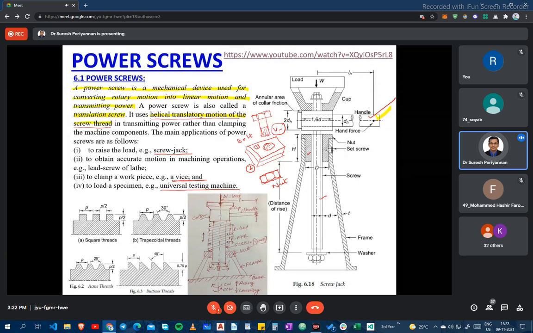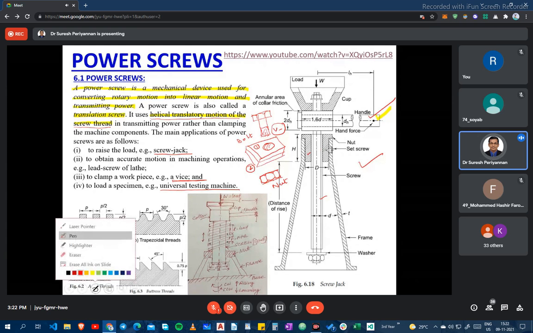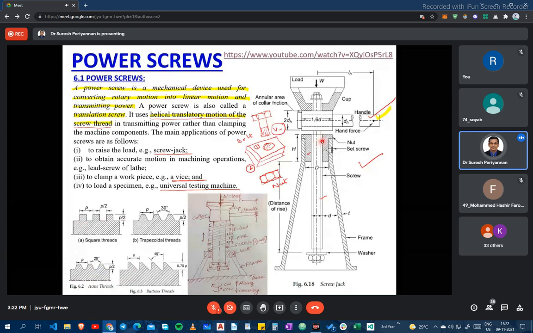But in power screws, we can't use V threads because it would increase the frictional force too much. For example, if we increase the frictional force in this region, we are unable to lift the weight. Only an appropriate frictional force has to be maintained. Hence, V threads can't be used in our power screw application.